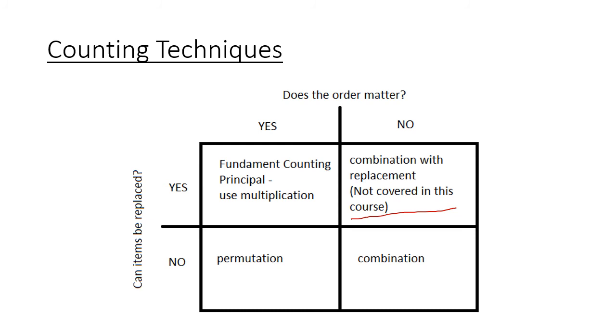It doesn't matter which order you choose your sides in, but they can also be replaced. If you want, you could choose 3 orders of the mashed potatoes or 3 orders of the mac and cheese instead of choosing different ones. But again, we're not really going to cover that in this course, so you're not going to have to worry about that too much. Everything's going to typically fall under the fundamental counting principle, or a permutation, or a combination.